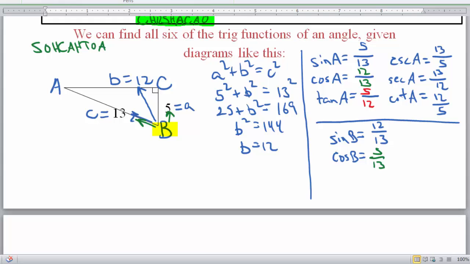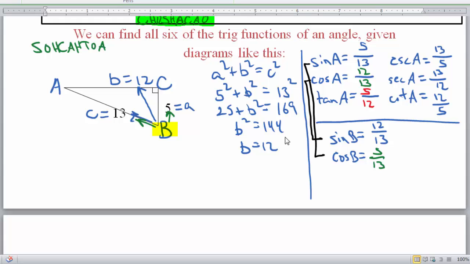So if you look, the sine of A ended up being the same as the cosine of B, and the cosine of A ended up being the same as the sine of B, which makes sense because they're the two acute angles of the right triangle. Whatever is adjacent to angle A is opposite angle B. Whatever is opposite angle A is adjacent to angle B. So they just switch: the sine of one becomes the cosine of the other, and the cosine of one becomes the sine of the other.